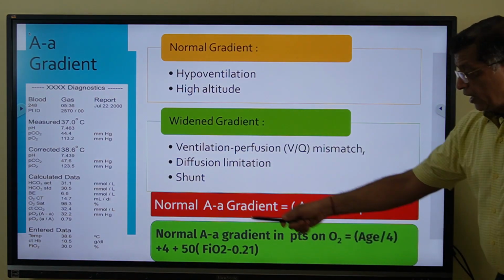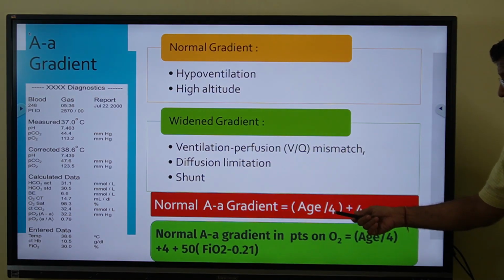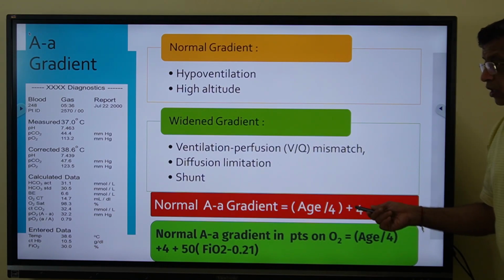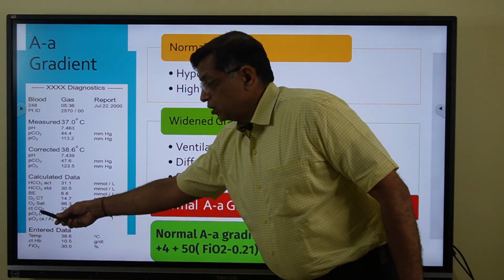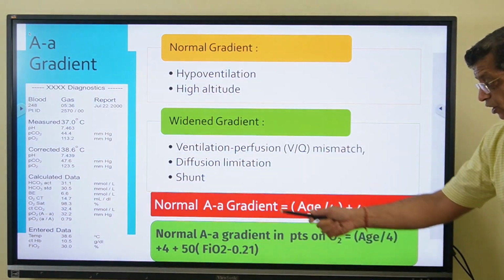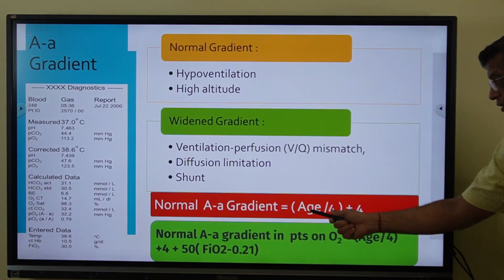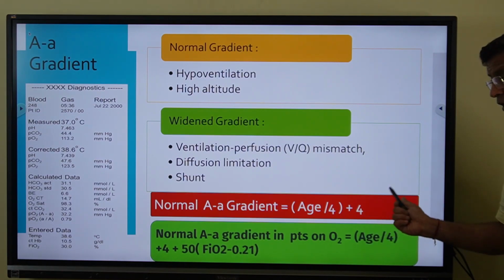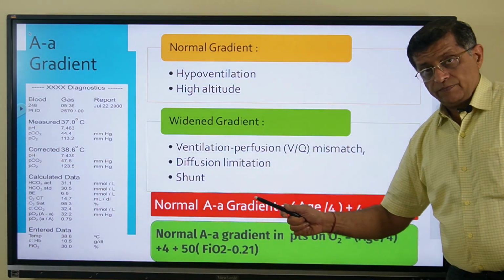So normal A-a gradient is calculated by the formula age divided by 4 plus 4. So whenever we see ABG, we come to know the A-a gradient. In that patient, always calculate what is the expected normal gradient. So this is the formula for expected normal gradient, age divided by 4 plus 4. This is the formula for the patient who is breathing room air.